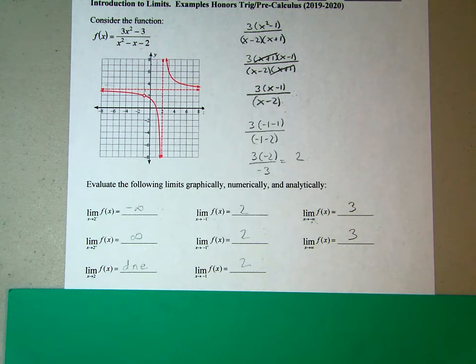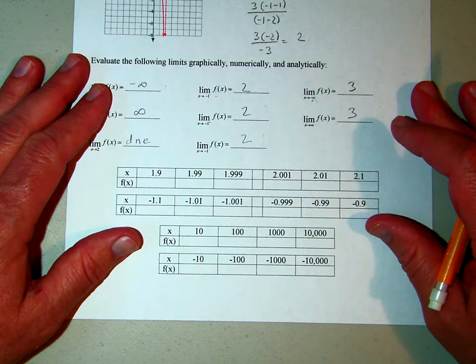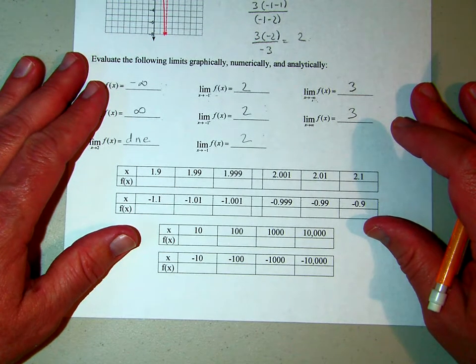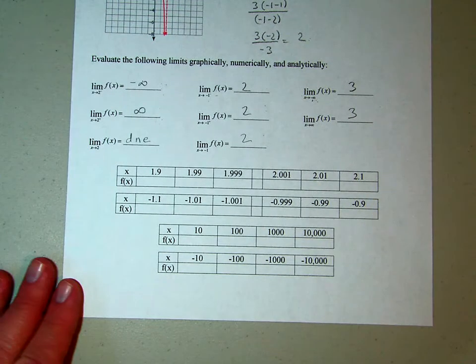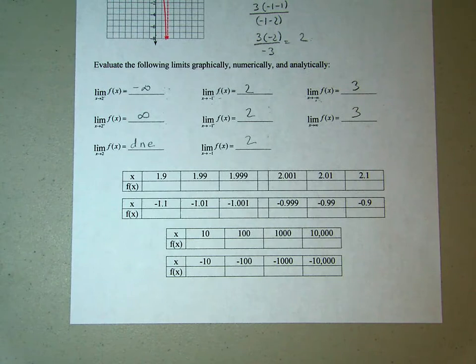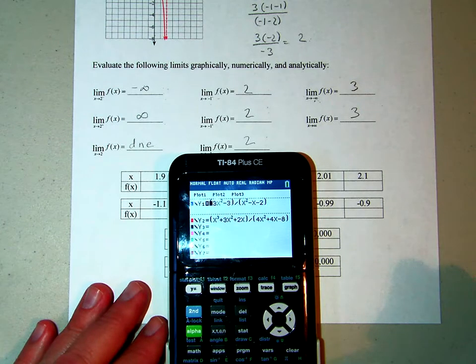All right, third approach, numerically. For numerical problems, very often you're going to be asked to fill in some kind of table of values. I already have my function in y1. That other function in y2 is going to be the second example we do.